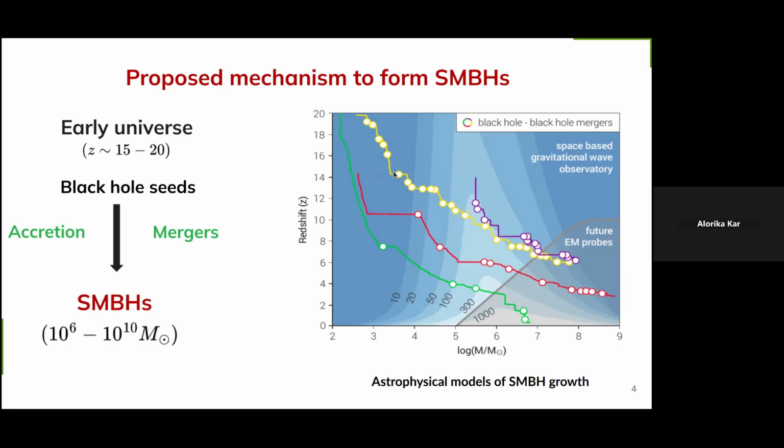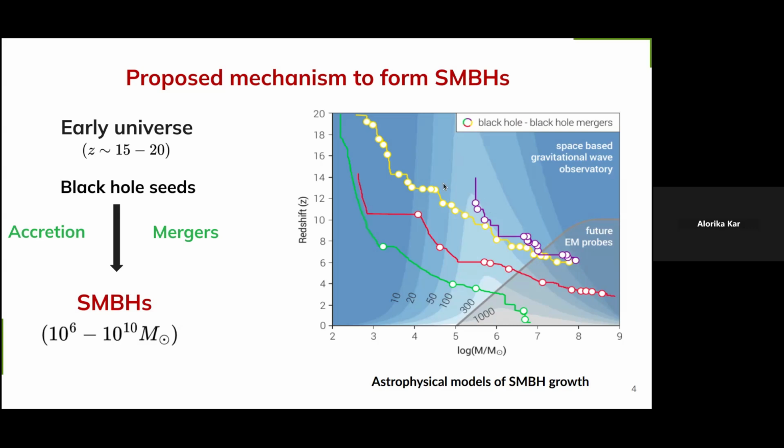So these are various ways in which it can go to such high masses. It evolves along these pathways and reaches high mass at low redshift, where we currently have EM probes. So there are multiple ways, and we don't know what the exact way is. The yellow is one of the proposed models, then this green where you have fewer mergers, then this red where you have a few more mergers.